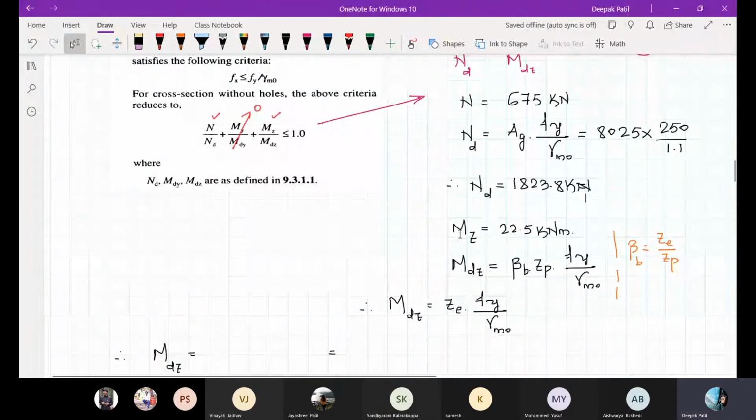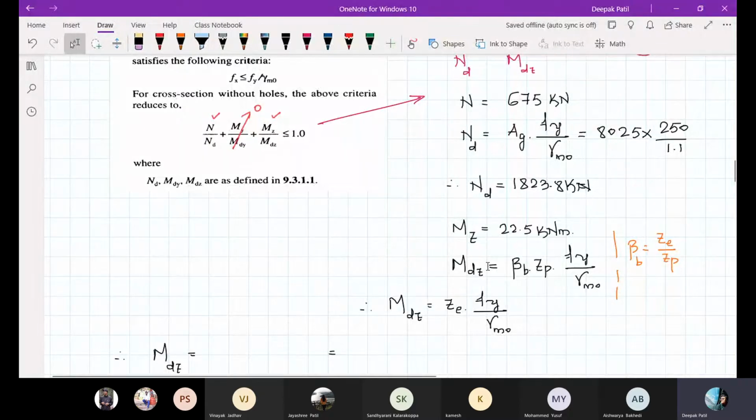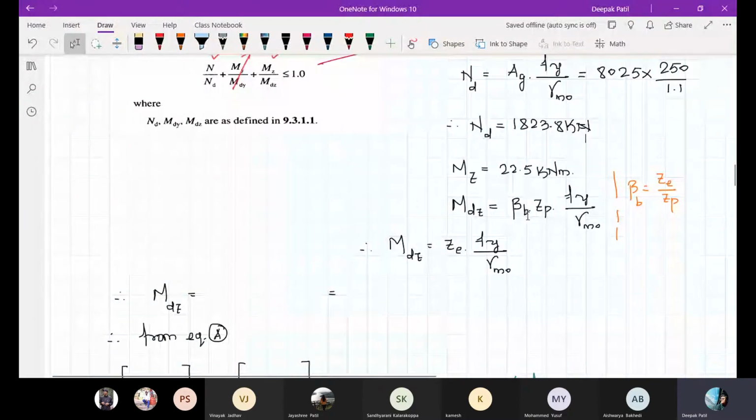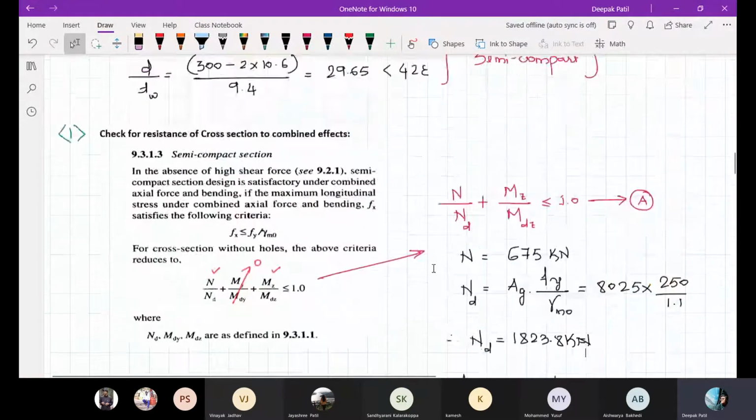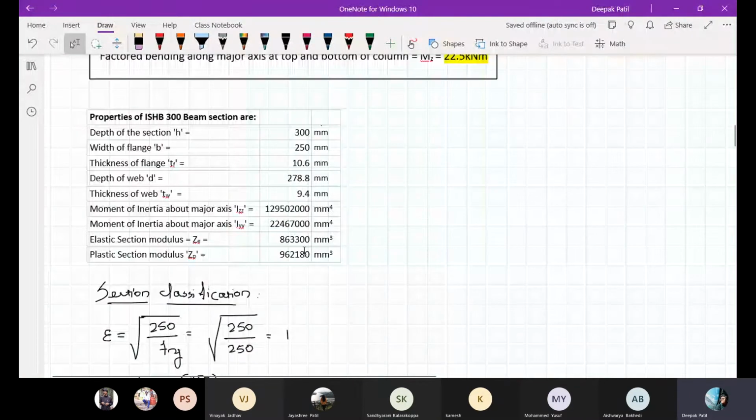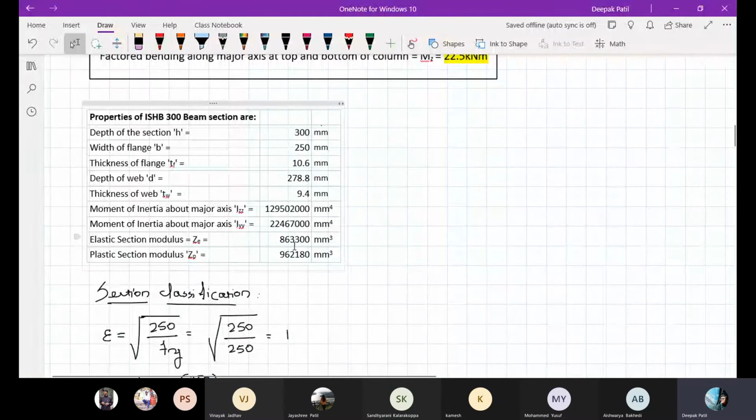Then MZ is the maximum bending moment applied on the column, which we know is 22.5. MDZ is calculated as beta B ZP times fy divided by gamma m0. Since it is a semi-compact section, beta B is given as ZE divided by ZP. So this equation reduces to MDZ equal to ZE times fy divided by gamma m0, where ZE is the elastic section modulus along the major axis. That we also know, that is 863300.